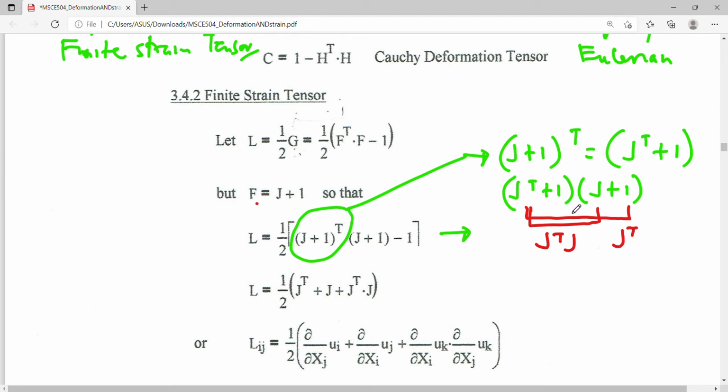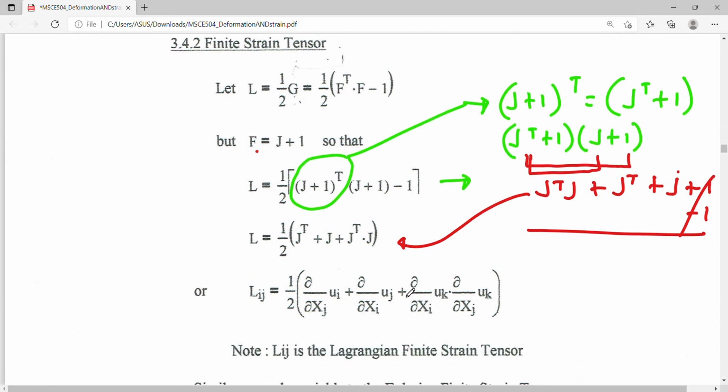If I place this, I get plus J. Okay, and this is 1. So this is the correct distribution, but I have a negative 1 here, so if I subtract 1 there, this will cancel. So what will yield the final result is J transpose plus J plus J transpose J.